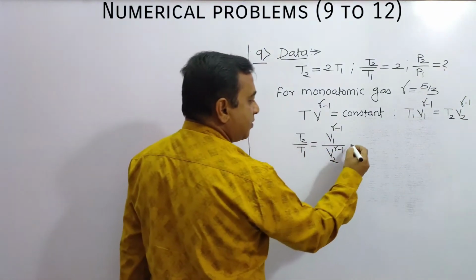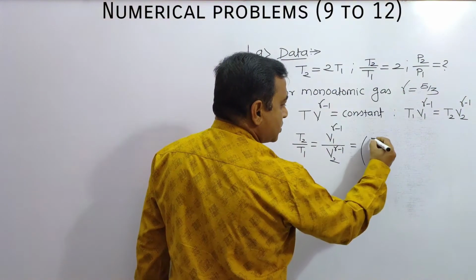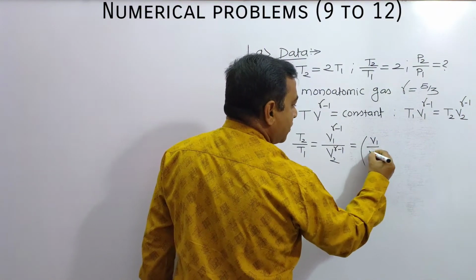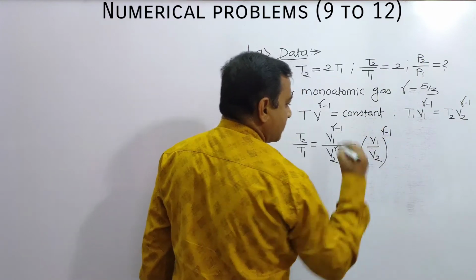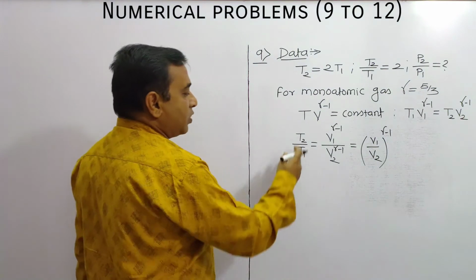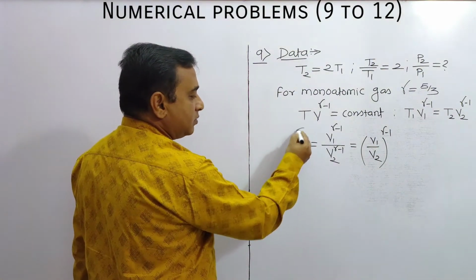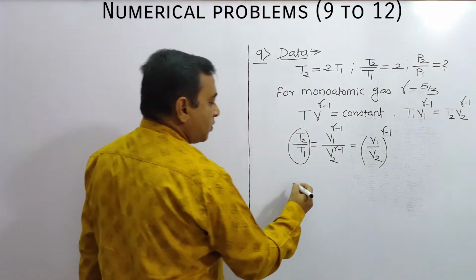As the powers are the same, I need to consider the common one. So here V1 upon V2 raised to power gamma minus 1. Need to substitute all the values now. We know very well that T2 upon T1 is equal to 2.